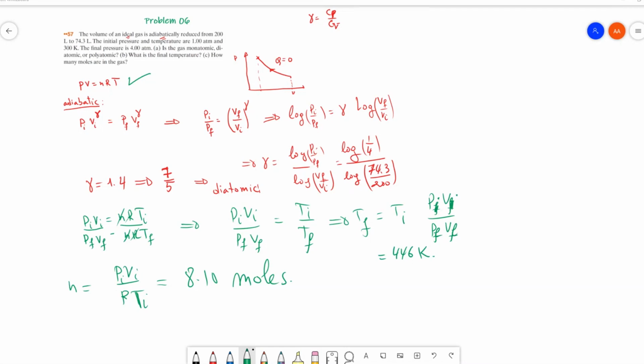Doctor, the pressure ratio should be down, not up. Sorry? The T final should equal to T initial, P final, V final. Not, it should be the opposite. Here, you mean here? Yes, doctor, you reversed it. Yes. One moment.